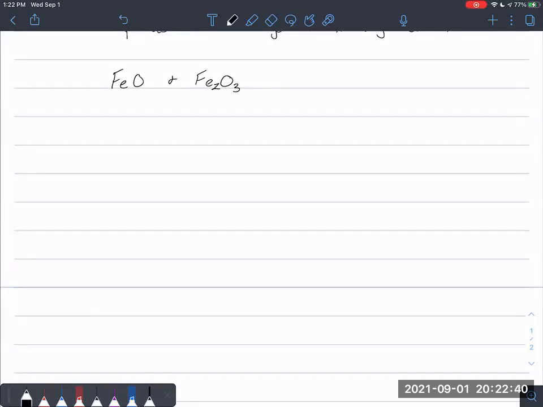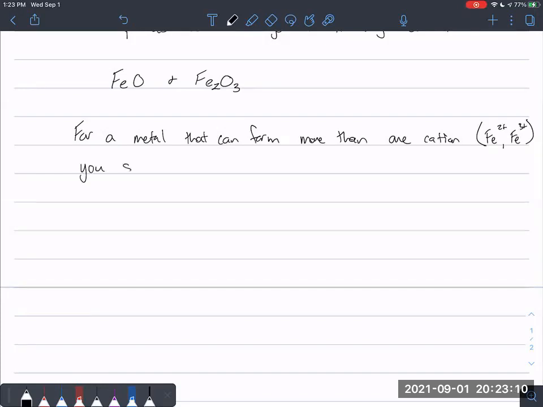So what we do is, for a metal that can form more than one cation, right? So Fe2+ or Fe3+, you specify the charge in the name.